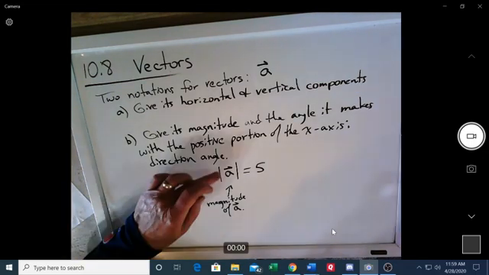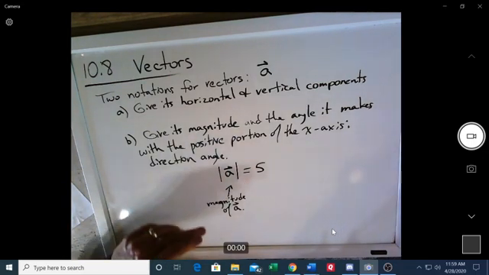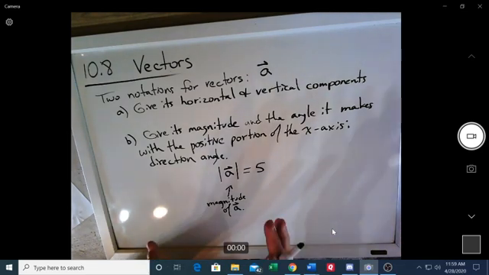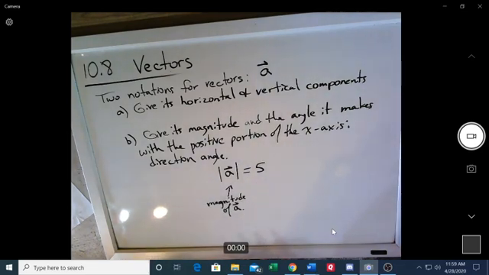And you might say, hold it, that's an absolute value symbol. It is. We use the absolute value symbol, but when it's around a vector, we call it the magnitude of the vector. And we'll see that it has tons of relationship to the normal absolute value. Like it's always positive and so on.